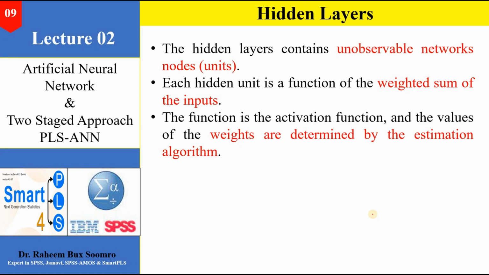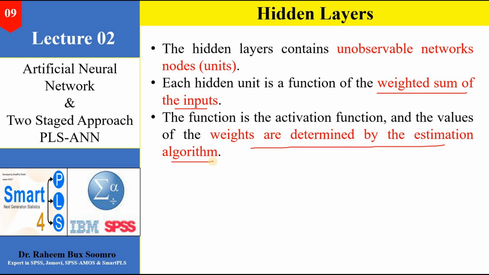And then hidden layers contain unobserved network nodes, or we can say units, and each hidden unit is a function of the weighted sum of the inputs. The function is an activation function, and the values of the weights are determined by the estimation algorithm. So the algorithm will provide the estimation values or weights to each node or unit by itself.